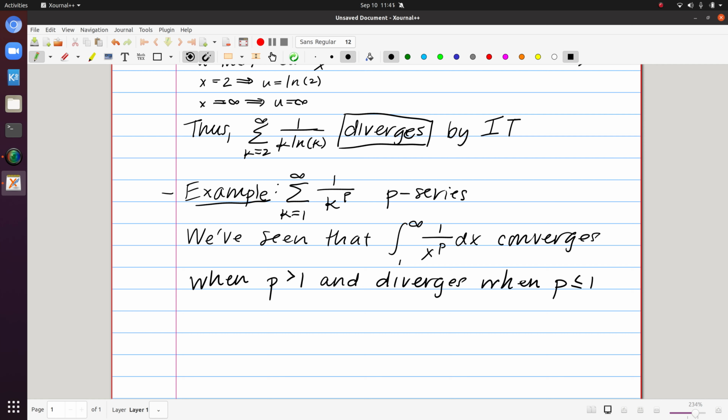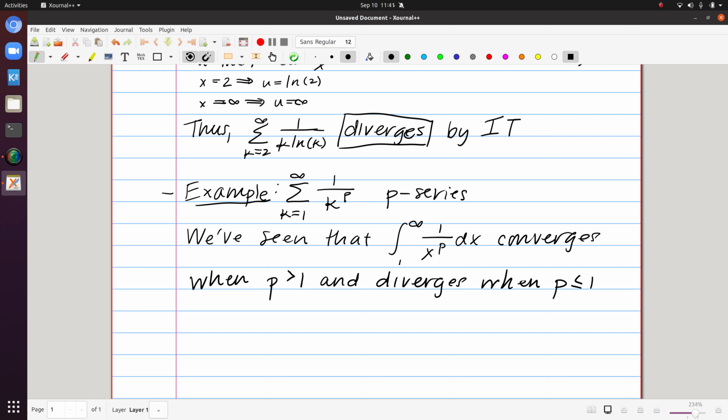The 1 over k to the p is only going to be decreasing when p is greater than 0. So technically, I could only use the integral test to make a claim that the series is going to converge for p greater than 1 and diverge for p between 0 and 1, inclusive of 1. But we'll get the other part.